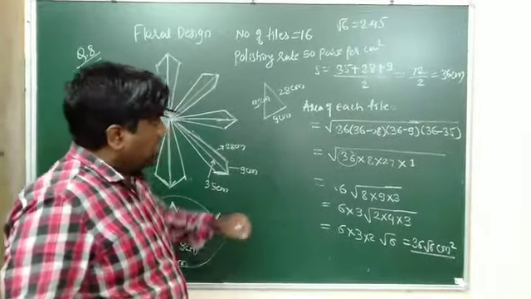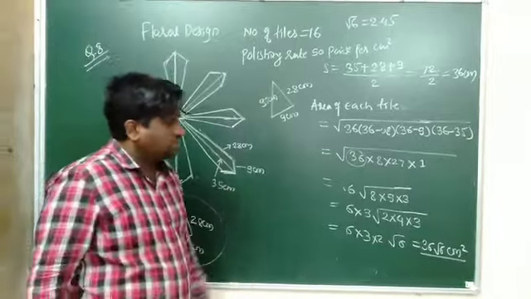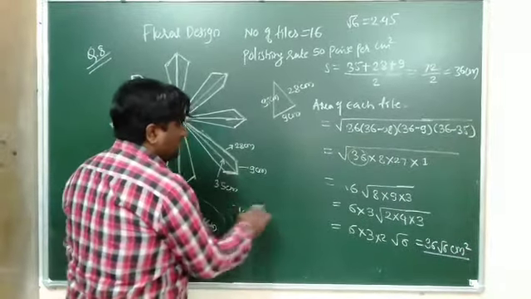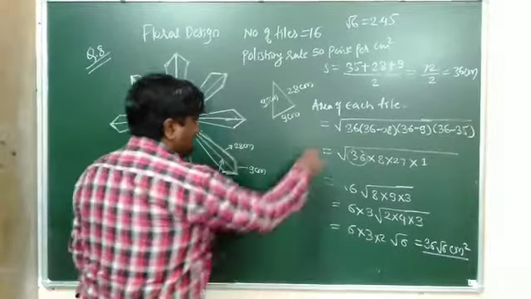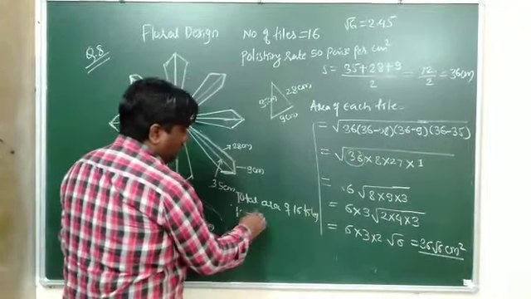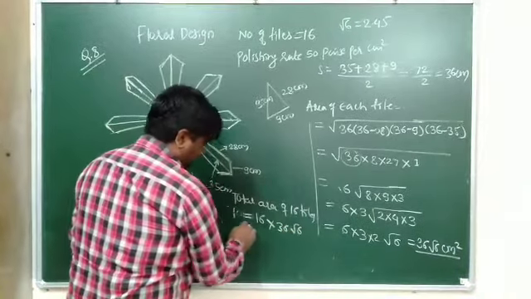So there are 16 tiles. All you need to do is multiply for the total. See, the total area of 16 tiles is equal to 16 into 36 root 6.